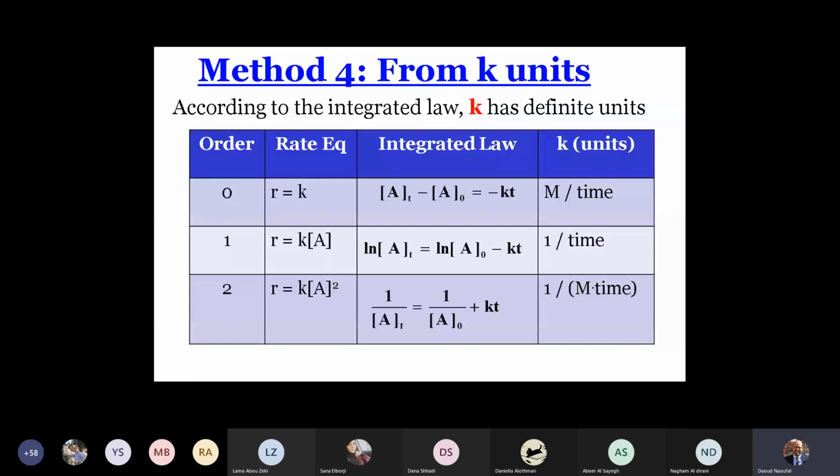So the unit of k is very important in kinetics. And remember that the equilibrium constant in thermodynamics is unitless. So we are interested only in the units of small k. According to the type of the unit, we can deduce directly the global order of the reaction, but not the partial orders.